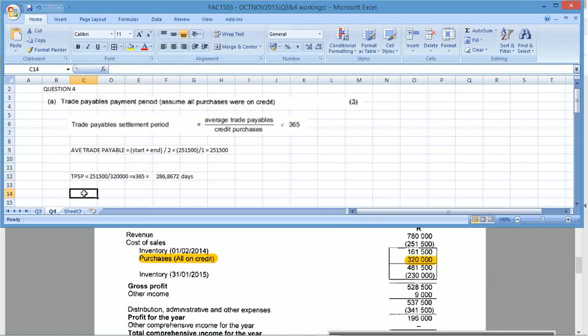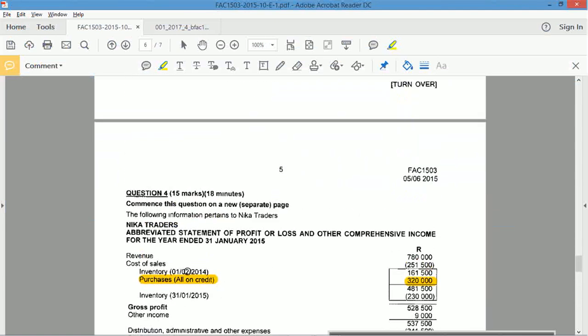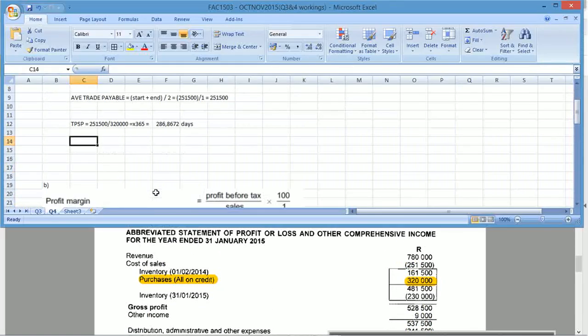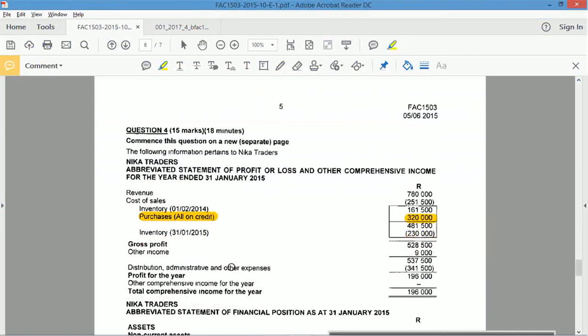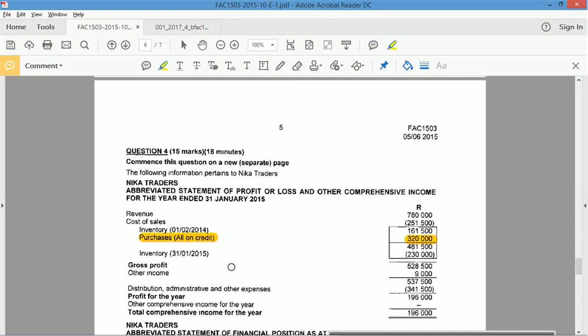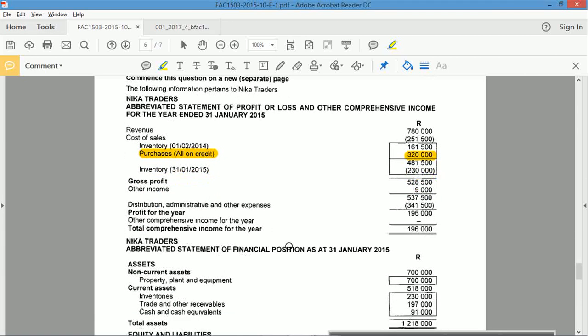Okay. Let's carry on. Let's look at the next one. Okay, I'm going to leave this up because we're probably going to need that. Profit margin. Okay, here's your question. How do I work out profit before tax? Well, did they give you profit before tax here? Do you see a profit before tax here? No. What type of business are we running? Nika Traders, right?